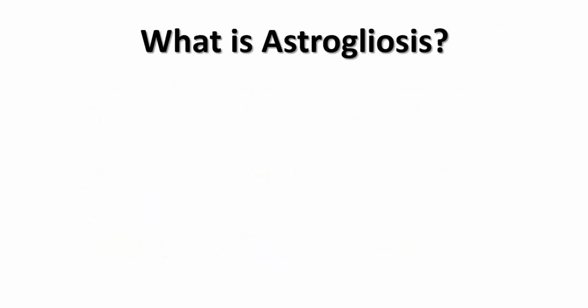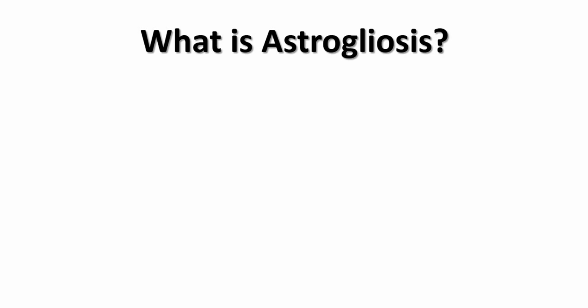So, what is astrogliosis? You all might be aware that neurons are never alone. Neurons are the structural and the functional unit of the nervous system. Neurons are always accompanied by extraneuronal cells. These extraneuronal cells are also called glial cells.